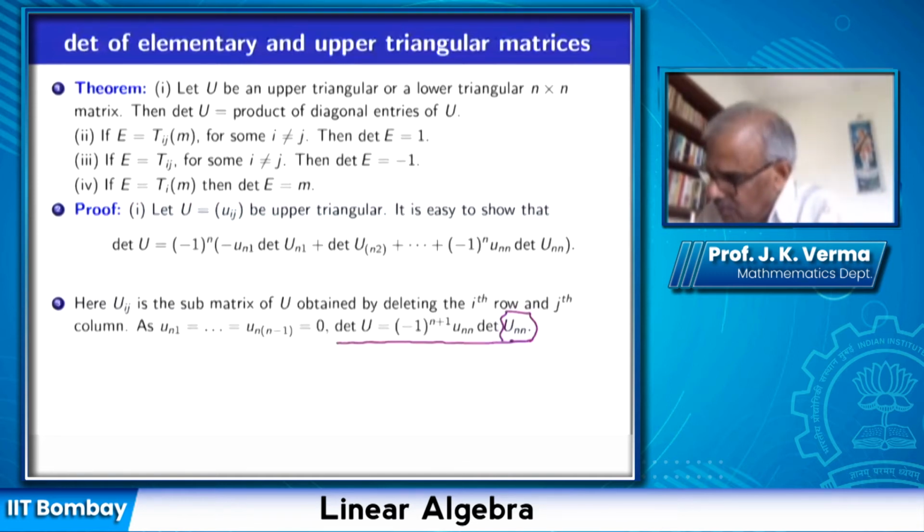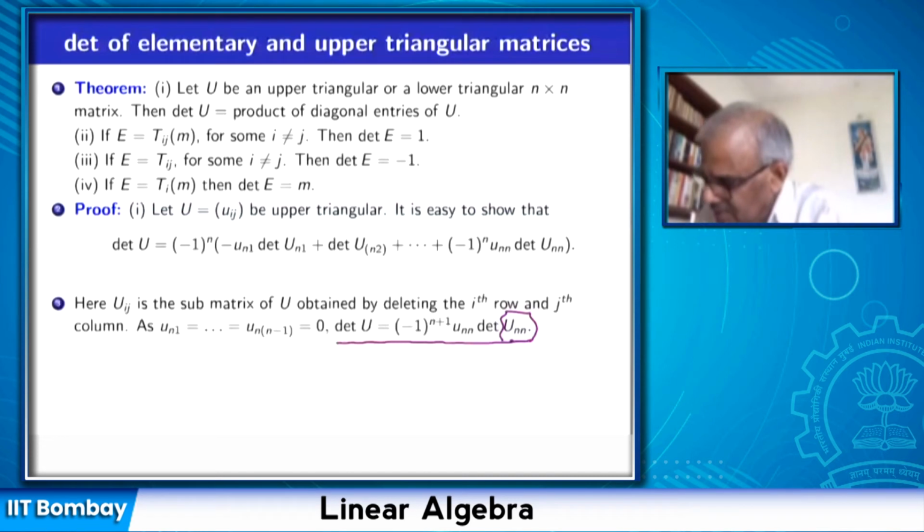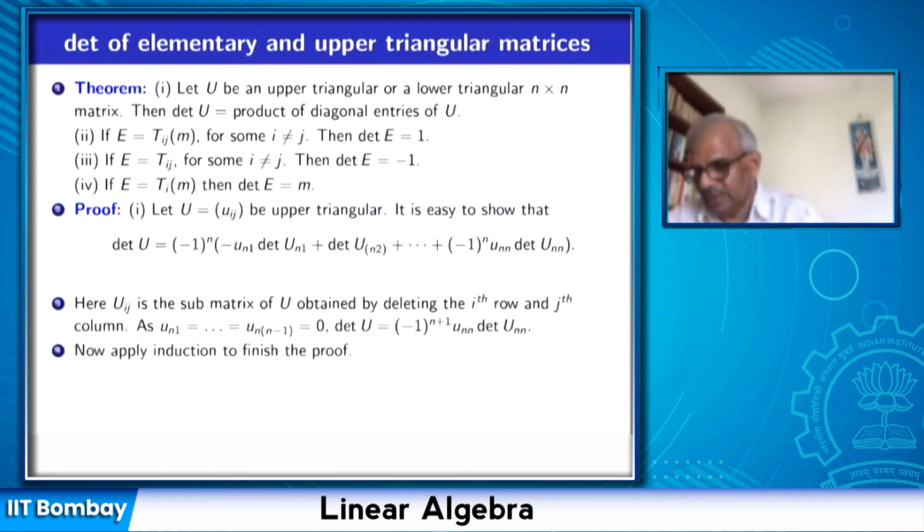So apply the same formula for this. So unn came out. When I apply the determinant of Unn, there will be a sign, and un-1,n-1 will come out. That is the entry in the n-1, n-1 position of U. Now these signs have to be taken care of, and I leave it for you to think about this, that the signs will all multiply to 1. So the determinant of an upper triangular matrix is the product of the diagonal entries.